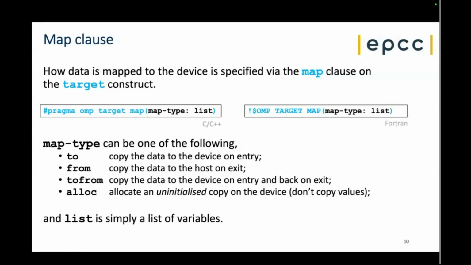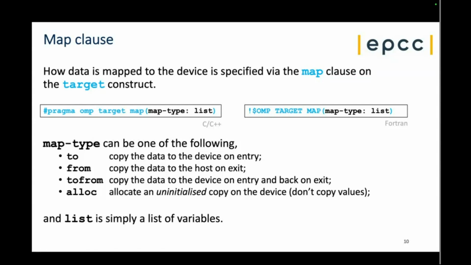You then have to tell it what type of mapping. Are you mapping data which is on the host to the device, so essentially transferring data from the CPU to the GPU? Or do you want to copy data from the GPU back to the CPU? Then in this case, you use from.